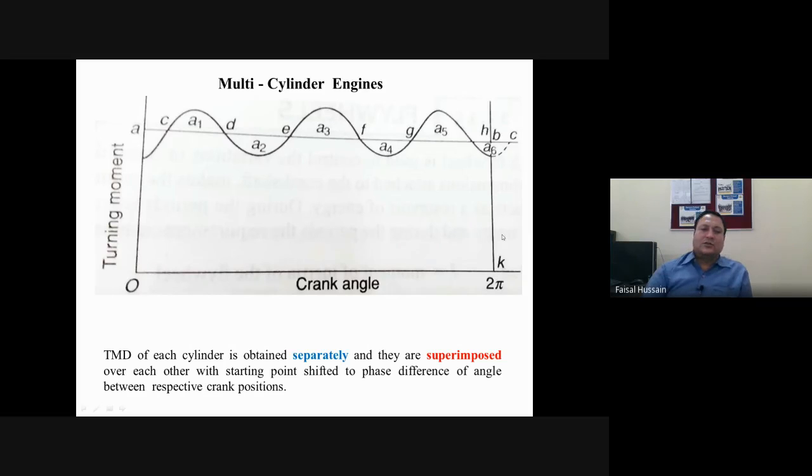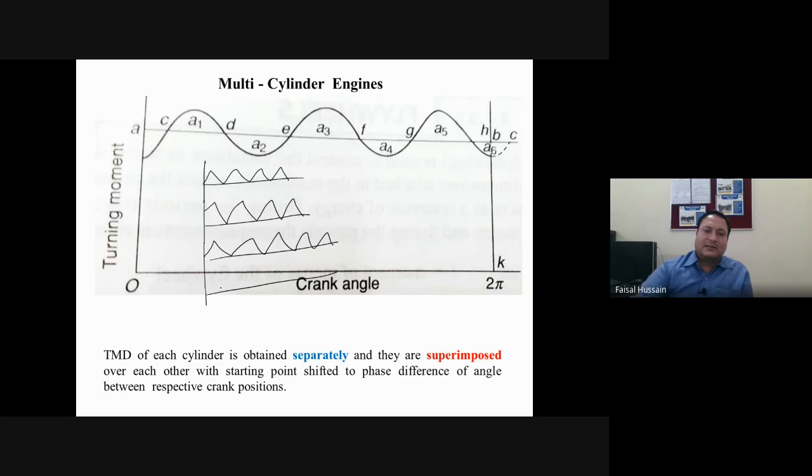So basically turning moment diagram of each cylinder is obtained separately, and then all the turning moment diagrams are combined with each other, and they are superimposed over each other, with starting point shifted by the phase difference of the angle between the respective crank positions. So for example, this is turning moment diagram of one cylinder, this is turning moment diagram of another cylinder, and this is turning moment diagram of another cylinder, and this again of another cylinder.